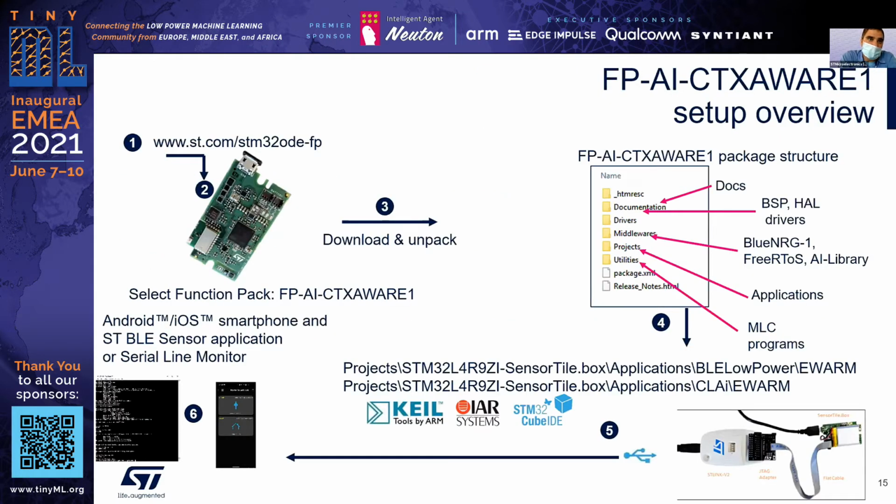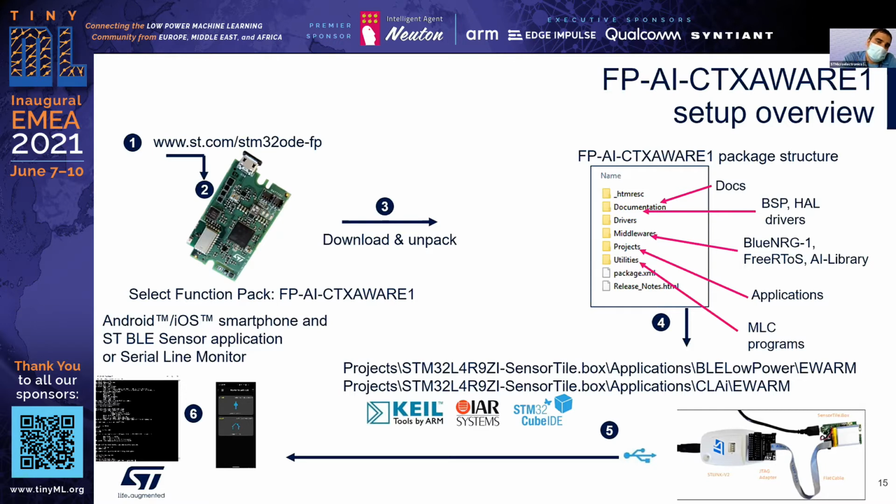Here you can find the workflow to have the firmware running on your SensorTile.box. Basically, you just need to go to st.com and download the software package. In the software package, you will find all the documentation for the APIs used in the code, the drivers for the microcontrollers and the sensor, the middlewares for the AI library and for FreeRTOS and the Bluetooth Low Energy connection.